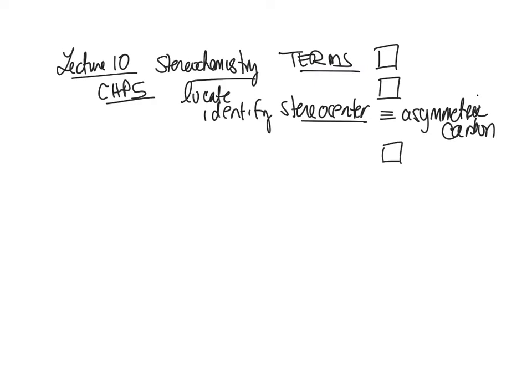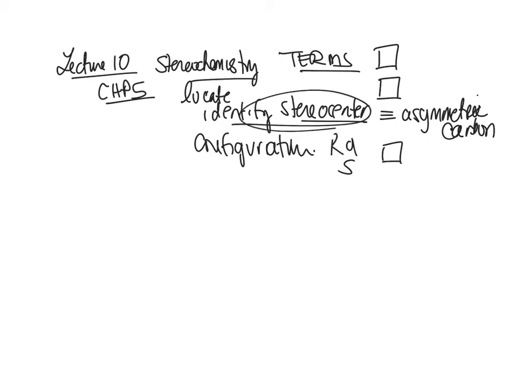We will also look at configuration, and you'll need to be able to assign configuration, and that's R or S to these stereocenters. So once you can identify a stereocenter, you got to give it a name. It's going to be R or S, and we'll talk about how to do that.